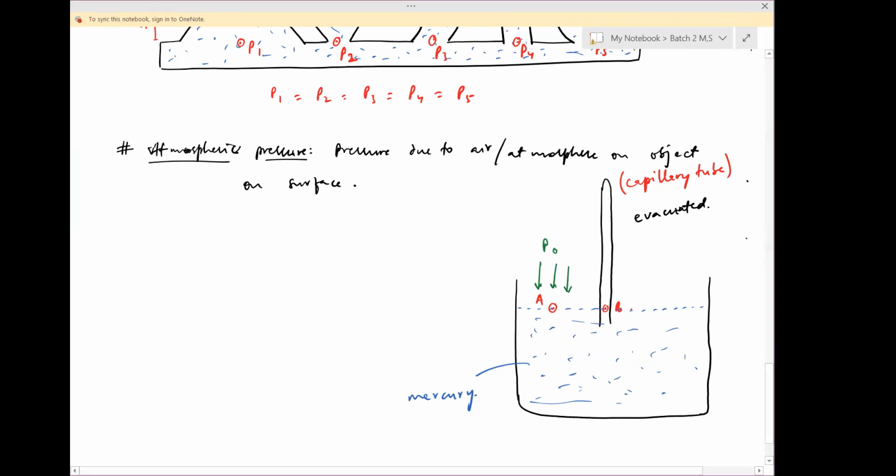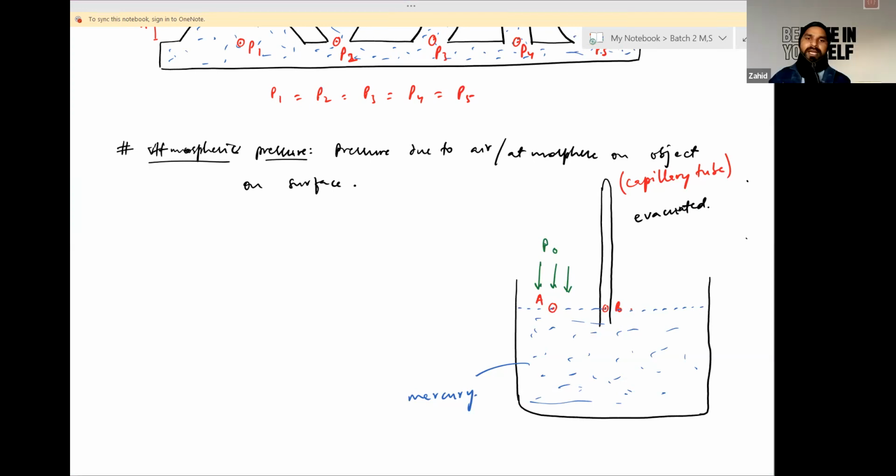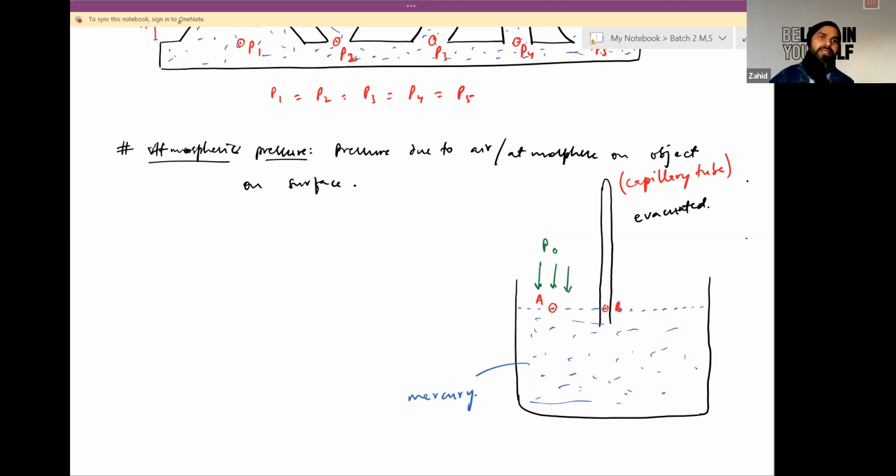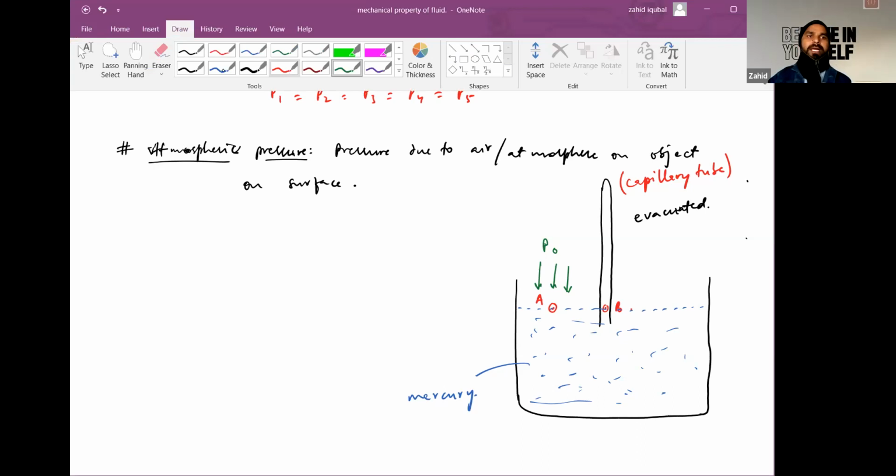Yes, sir. Now, since we have some pressure difference between A and B, due to this pressure difference there will be transfer of matter from higher pressure to lower pressure. As point A is at higher pressure and point B is at lower pressure, there will be flow of mercury from higher pressure to lower pressure.